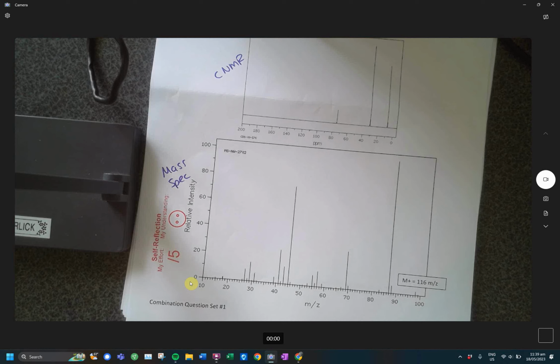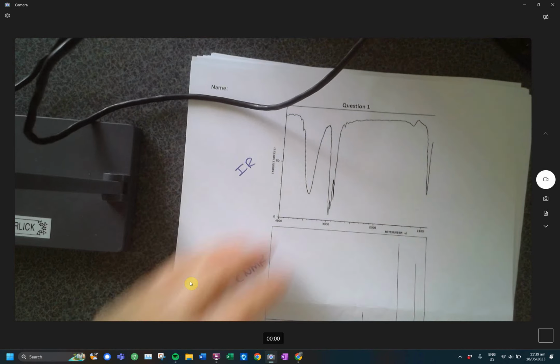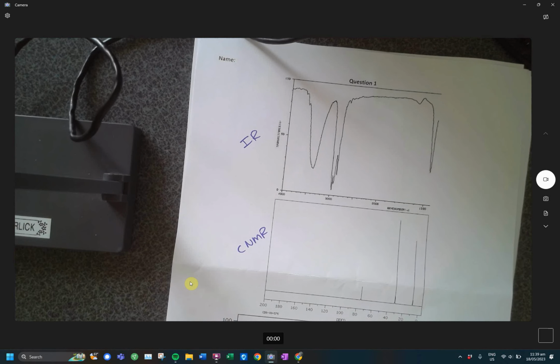So from these 3 bits of data, you'll be able to figure out what molecule you have. Does that make sense? So 3 bits of data, 1, 2, 3, and from there you'll be able to figure out a molecule. Just like when we were talking about the NCA exam questions last week and how we were decoding the information and all the little hints and how each little hint told us something about the molecule, it's a similar sort of thing.